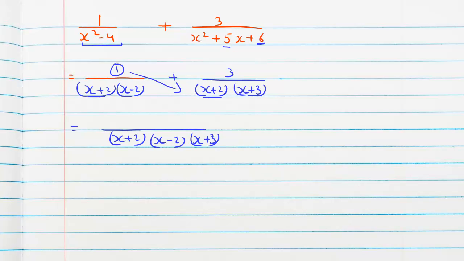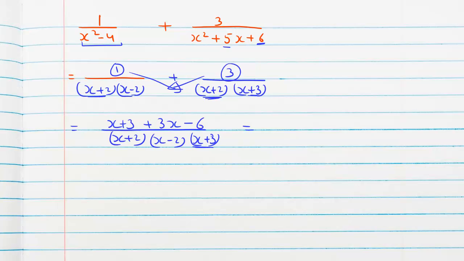Well, we already have x plus 2, x minus 2, x plus 3 is new for this fraction, so 1 will multiply with x plus 3, and 3 will multiply with one of these numbers over here. We already have x plus 2, we have x plus 3, x minus 2 is something new. So plus 3 times x is 3x, 3 times negative 2 is simply negative 6.